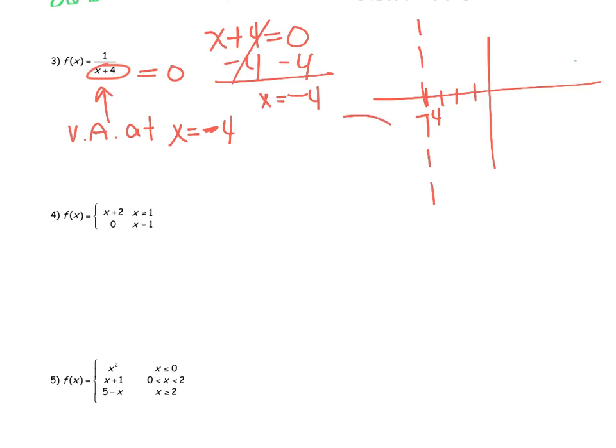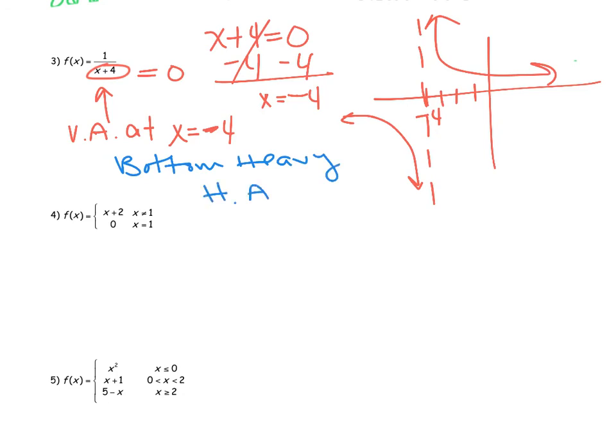This is what my graph looks like. This is bottom heavy, so we know that the horizontal asymptote is at y equals 0. That's why we're never going to cross here. So that's what my graph looks like.